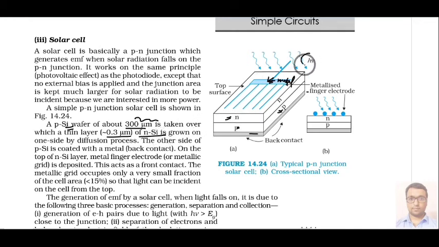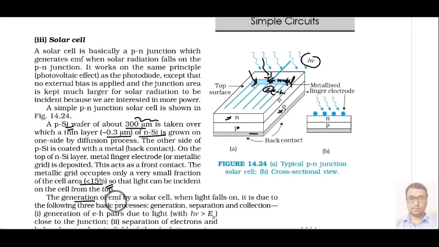Now light is allowed to fall on the surface of the n side, and since the n side has majority charge carriers, more electron-hole pairs will be generated here. The metal on this top surface covers less than 15% of the total area, so that light can be incident on the whole n type semiconductor for generation of electron-hole pairs.